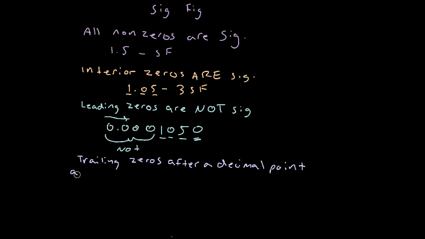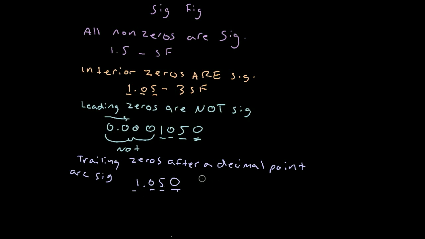In the case of this number right here, this zero comes after the decimal point, so it is significant. But let's look at another one. Say we've got 1.050. A lot of students are tempted to say this has three significant figures, 1, 2, 3. But in reality, it has four significant figures. This 0 is significant because it's a trailing 0 after a decimal point.